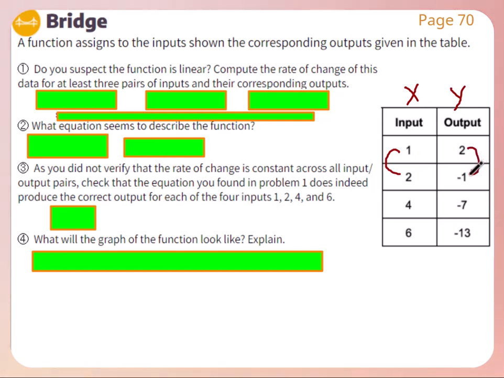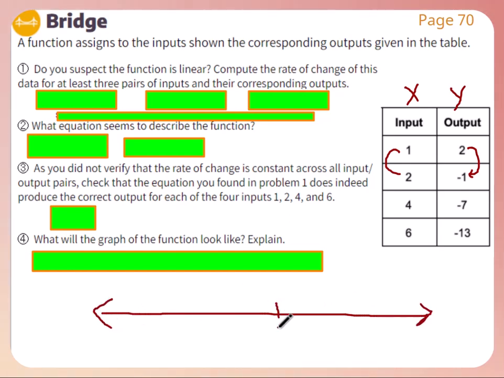Take a minute to think about what's happening. How do you get from 2 to negative 1? Do you add, subtract, multiply, divide? And then let's test it to see if whatever you think is happening continues to happen between any 2 sets of points. All right, to go from 2 to negative 1, sketch a number line in your workbook.